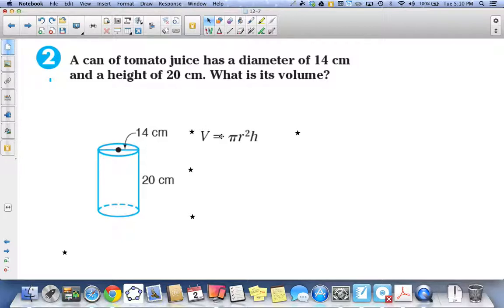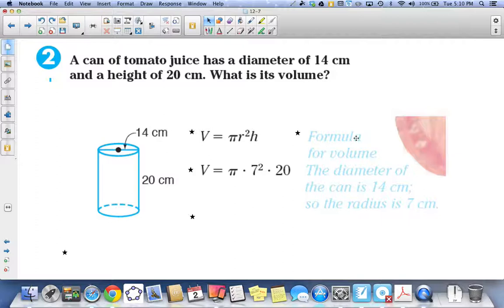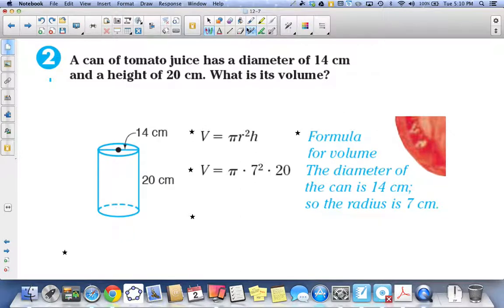Then we substitute the values of radius, which is 7. Why is it 7? Because the circle has a diameter of 14 centimeters, and half the diameter is the radius, which is 7 centimeters. Thus, the number 7 in the formula.